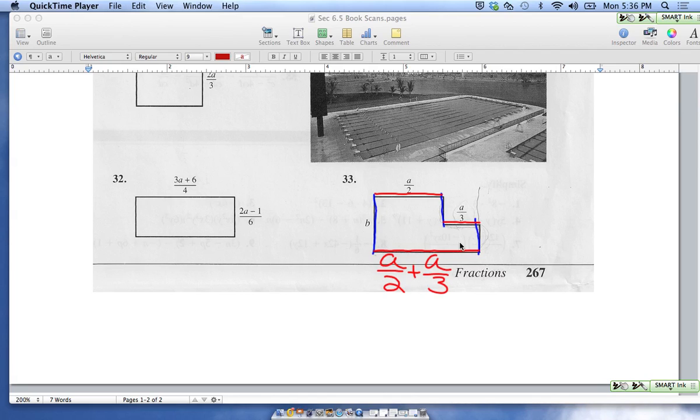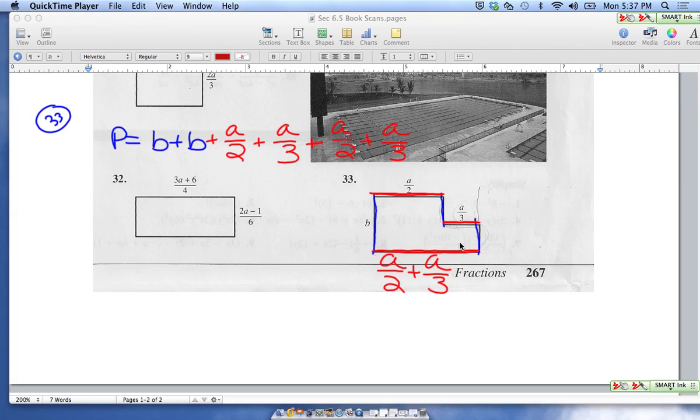And I'm asked to find the perimeter of the shape. So the perimeter of this shape, I have b plus b, so this is number 33. And the perimeter would be b plus b, and then I'll change to red ink. Then I have a over 2, this is a over 2, this is a over 3, and then the bottom horizontal is a over 2 plus a over 3.